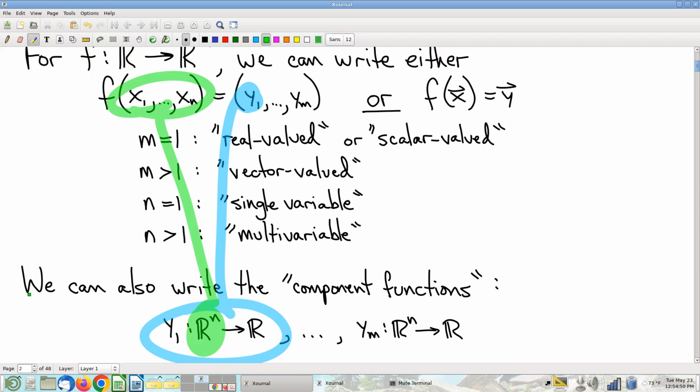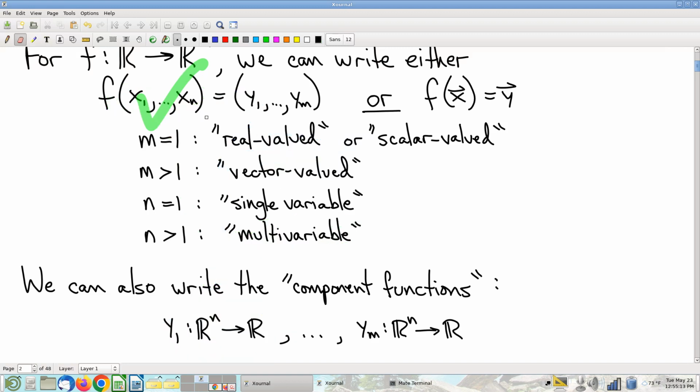And so y1 itself is a real valued multivariable function. Right? So just to be clear, real valued because we're looking at just the one real output, and multivariable because we're looking at that as being a function of all of the inputs. Okay. All right.